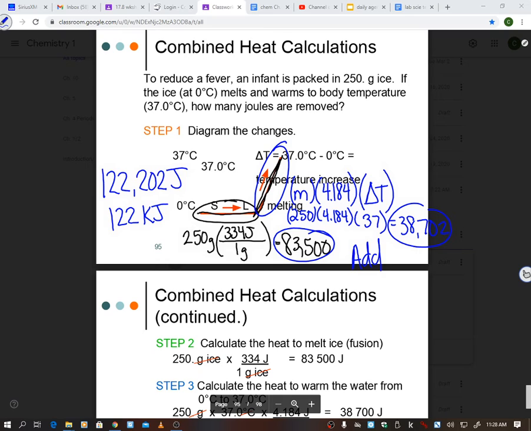So what I will have the kids do in here on their periodic tables, I'm going to have them draw one of these curves, and I'm going to have them write 334 times mass. I'm going to have them write 2,260 times mass, because that's what you're doing here at 0, that's what you're doing at 100.